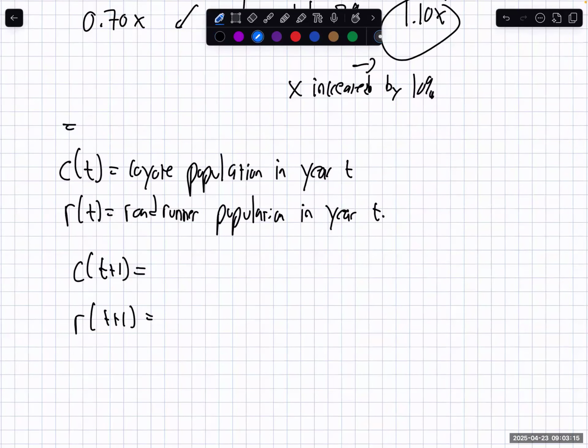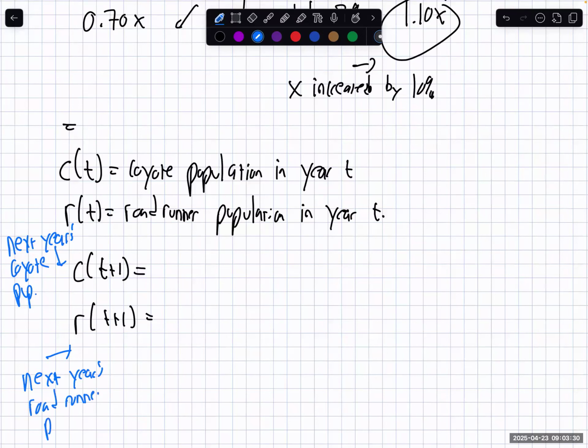And so what we want to look at is next year's coyote population and next year's roadrunner population.